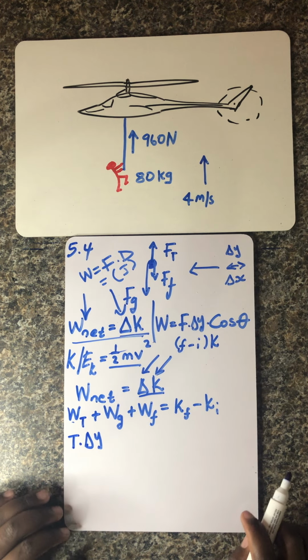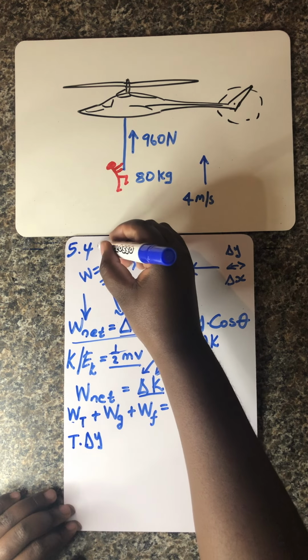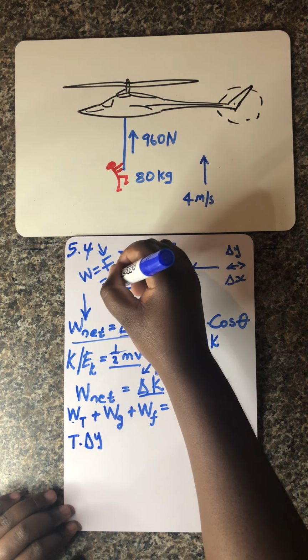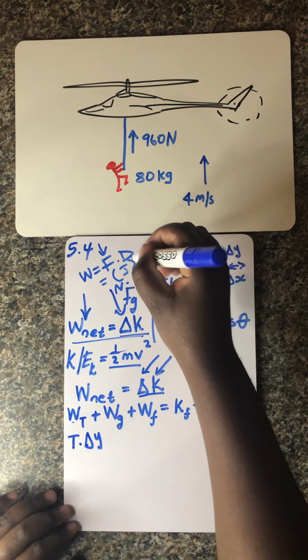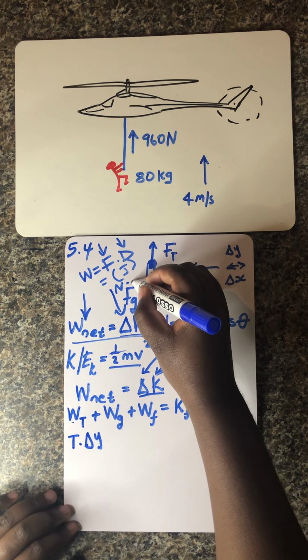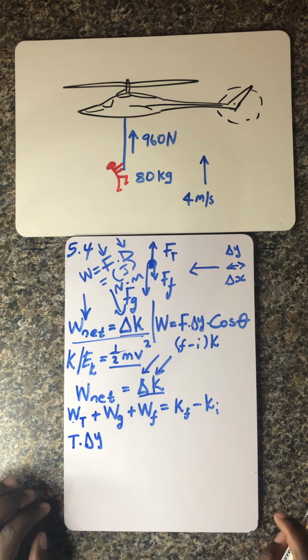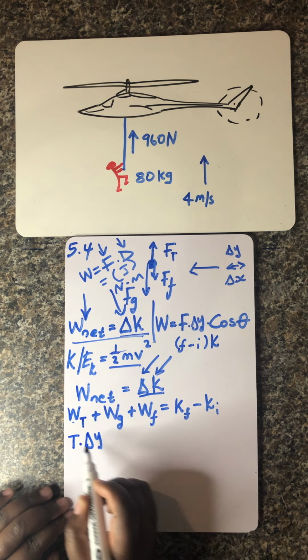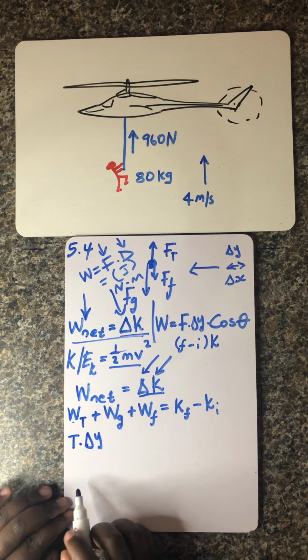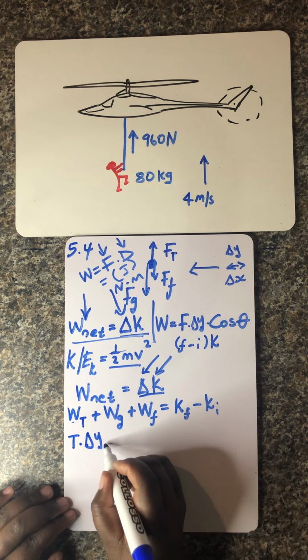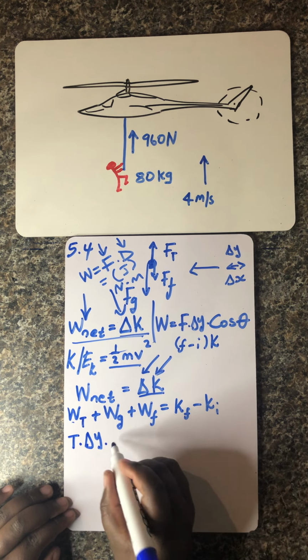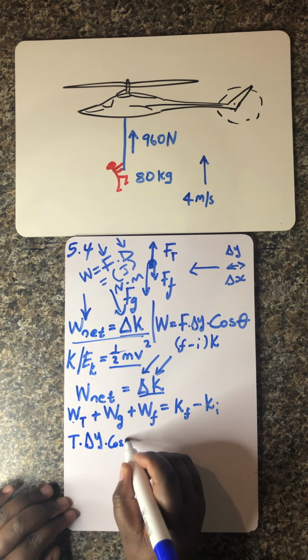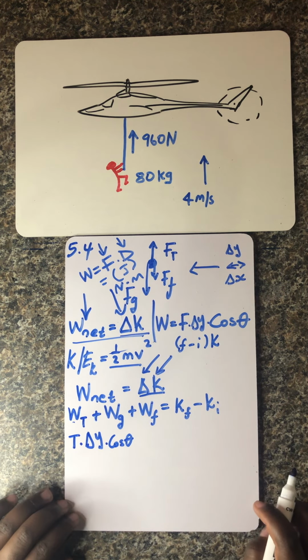Very, very important. That means this is a force in newtons. It should be multiplied by a distance which should be in meters. So that's why here we've got a force multiplied by delta y, which is the distance, multiplied by cos angle.